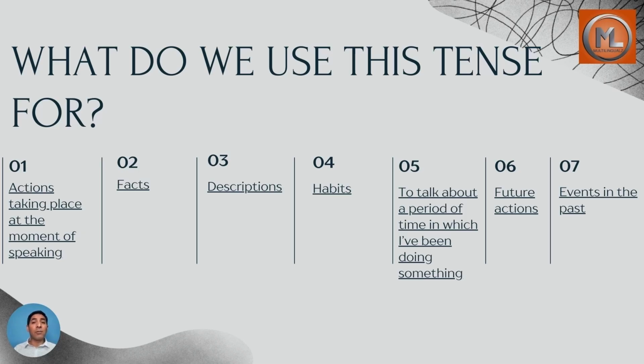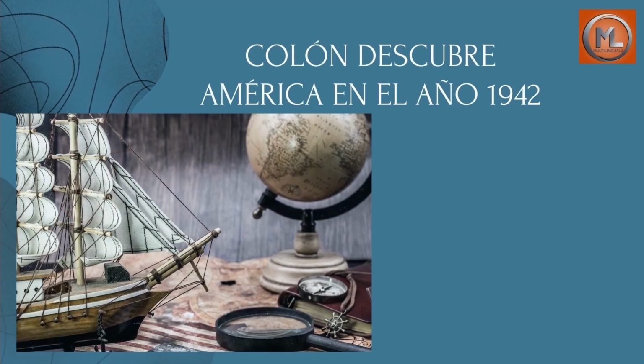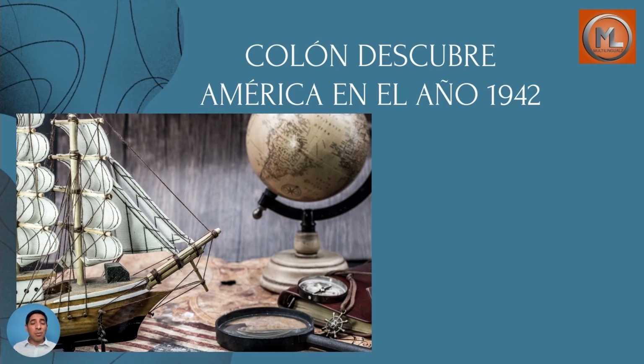Number 7 is to talk about events that happened in the past. This may be weird. Since we are talking about the past, we should use a past tense, right? Yeah, but we can also use the presente en el modo indicativo. Let's see how. Now, this example may sound weird. It says, Colón descubre América en el año 1492.